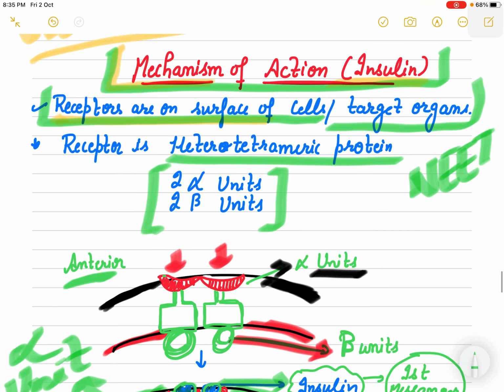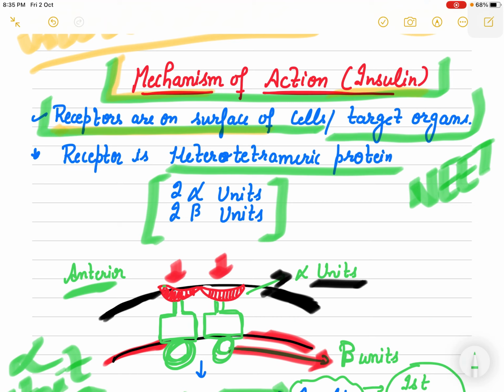Now again, listen to me very carefully. We are talking about insulin as the example.